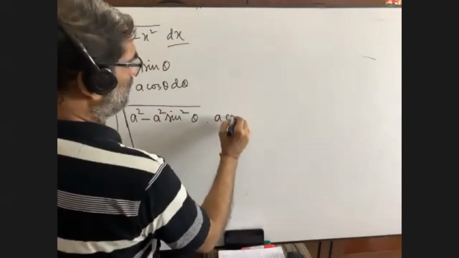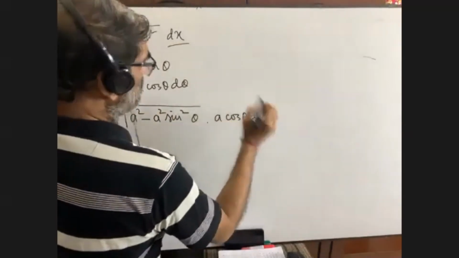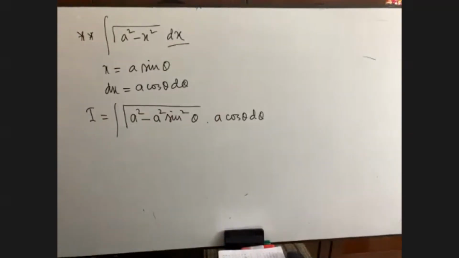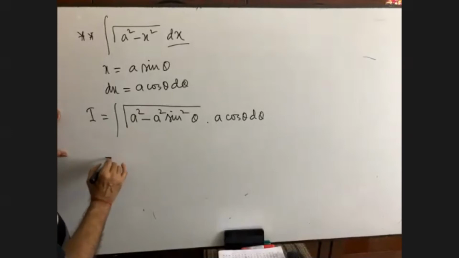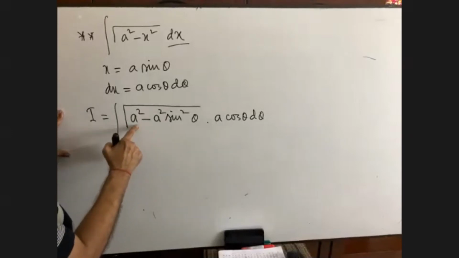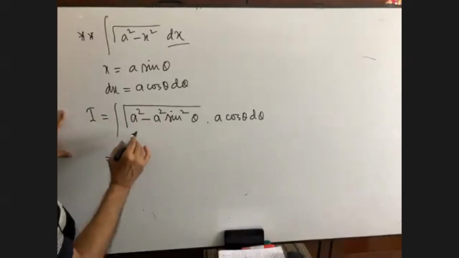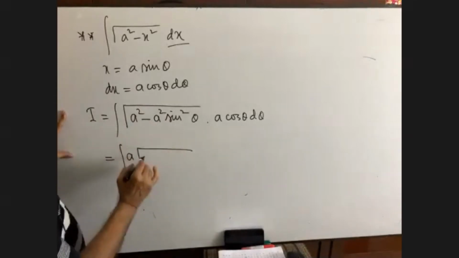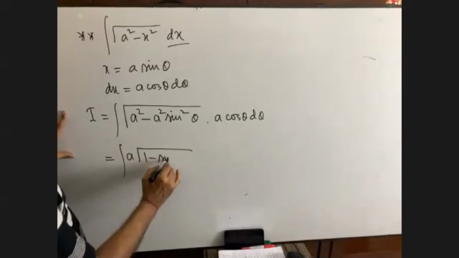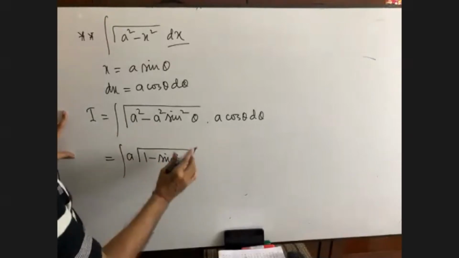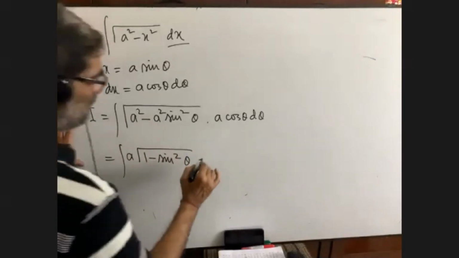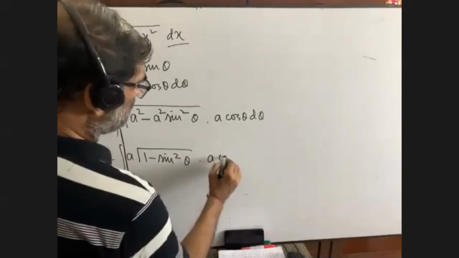A cos theta d theta. Now a square can be taken common, a, then actually we are getting here 1 minus sine square theta, and it is a cos theta d theta.